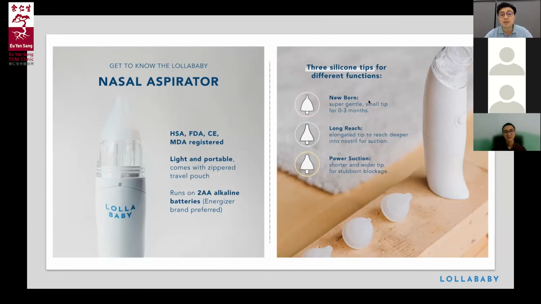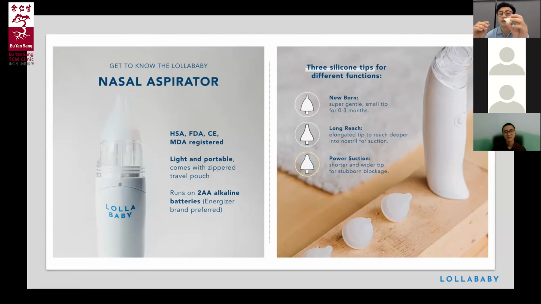We have the newborn tip, which has a very tiny tip, and this can be used for 0 to 3 months. And then we have a longer reach tip, which can reach deeper into the nostril for the suction of the mucus. And finally, we also have one that's called power suction, which is slightly wider.